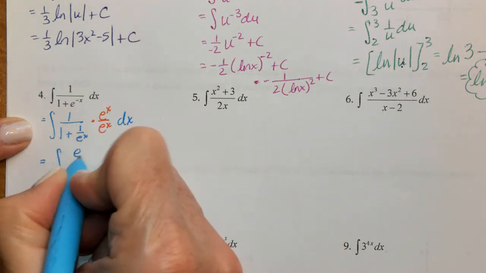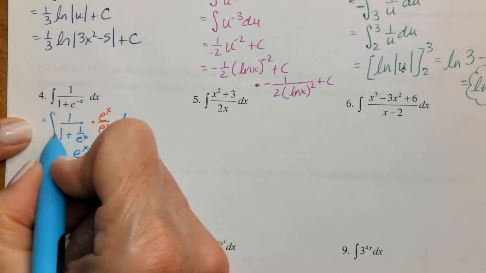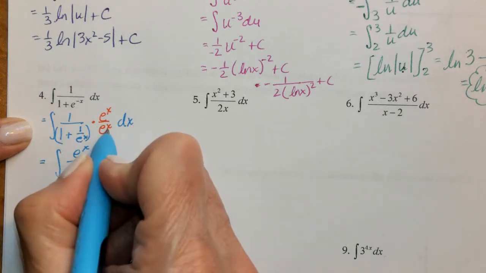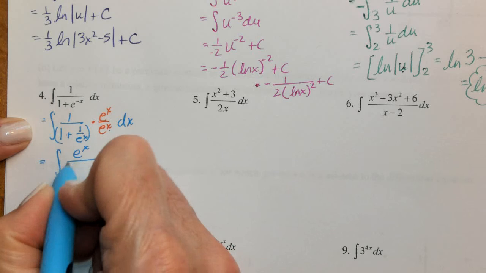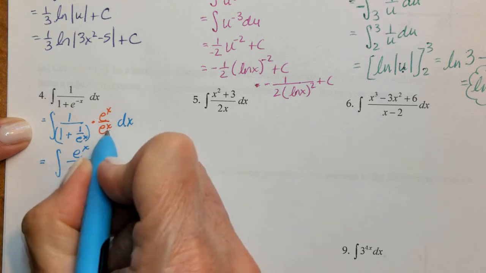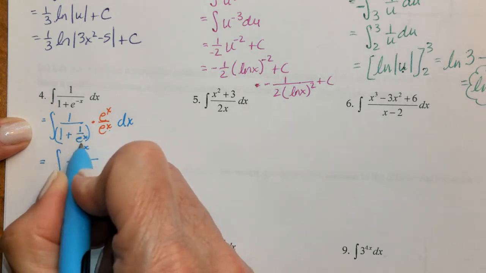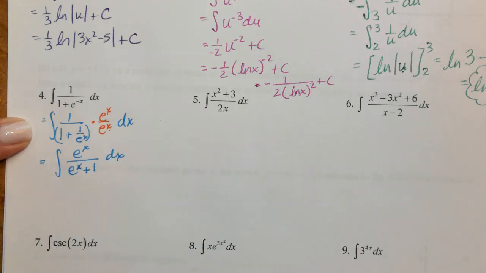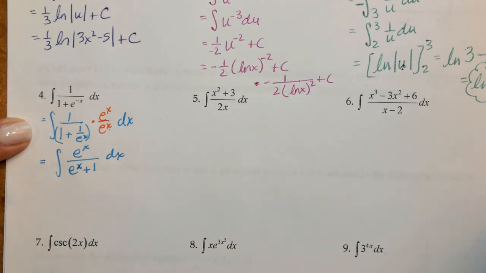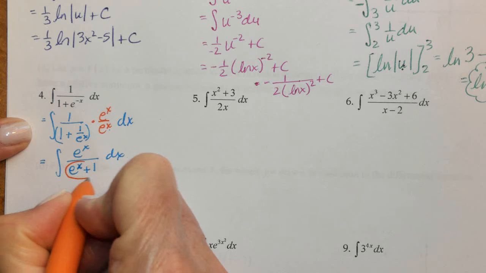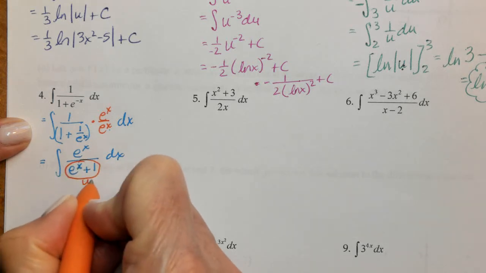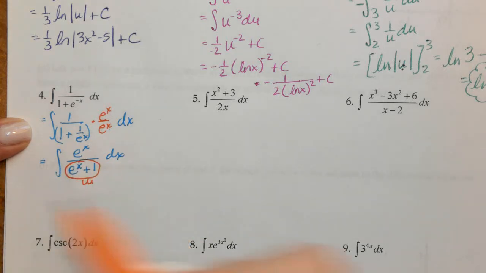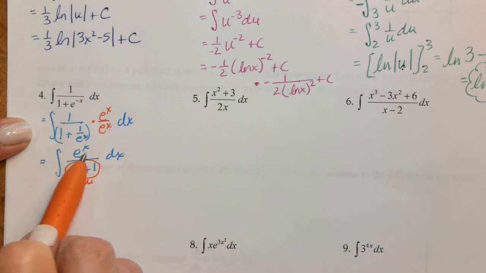Okay? So if I do that, upstairs now I have e to the x. Now we have to distribute this. E to the x times 1 is e to the x. E to the x times 1 over e to the x is 1. Okay? Now this is looking a lot better to me because I see, holy smoke, now I can let u be that, du will have an e to the x in it, and that's upstairs.